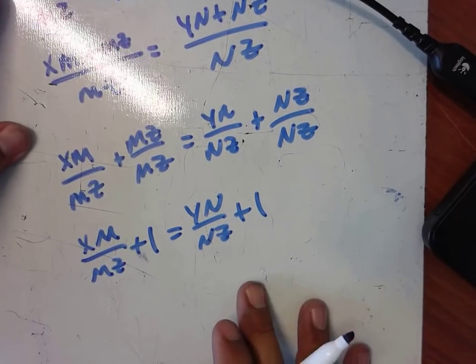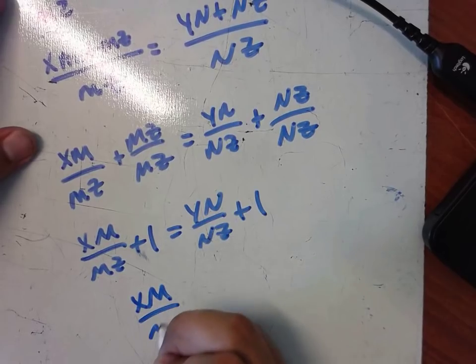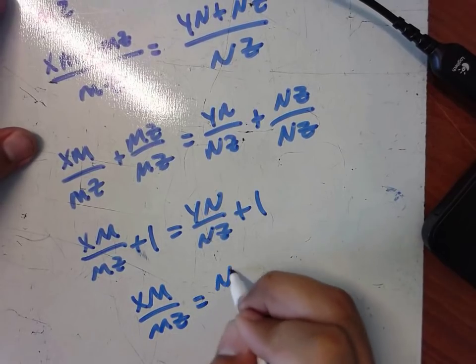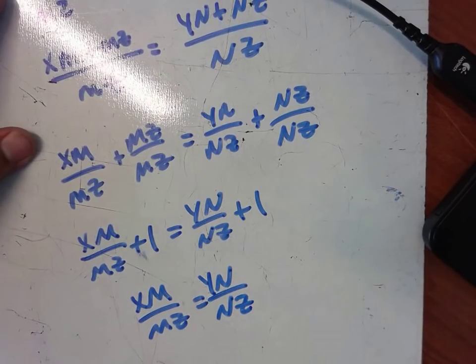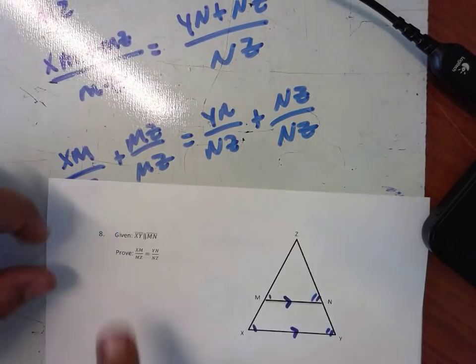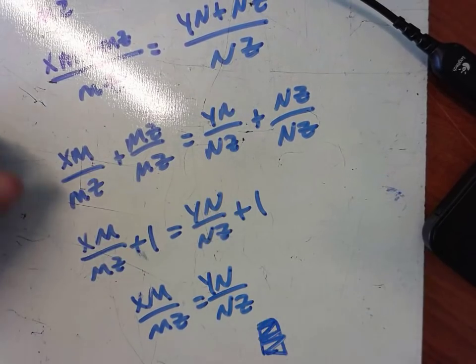Subtract 1 from both sides, subtraction property of equality. XM over MZ equals YN over NZ, which is what we were trying to prove. Proof is done. Same exact proof from last unit, guys. You can even go to the Unit 4 review and look in more detail at that proof.